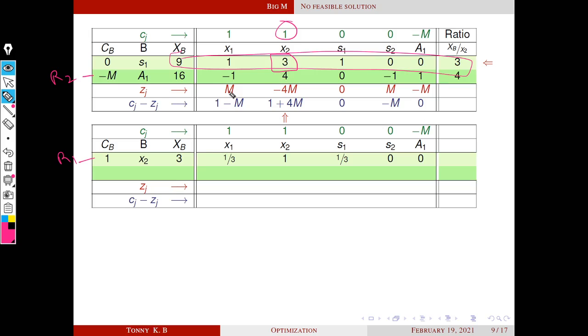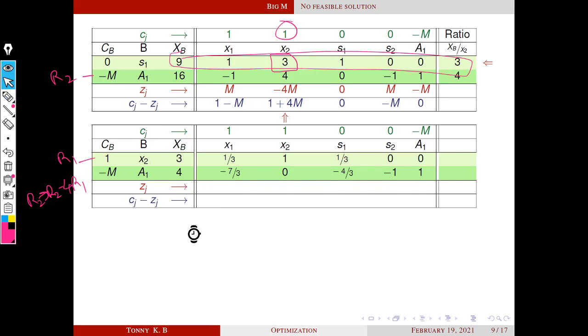We have to convert this 4 to 0, so R2 goes to R2 minus 4R1. After this operation, these are the values: 4, 7 by 3, etc.